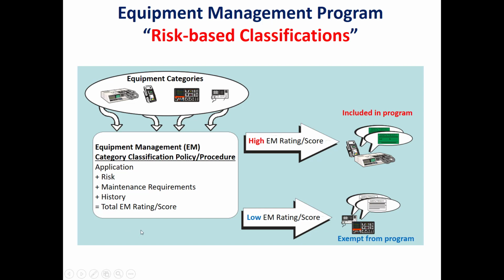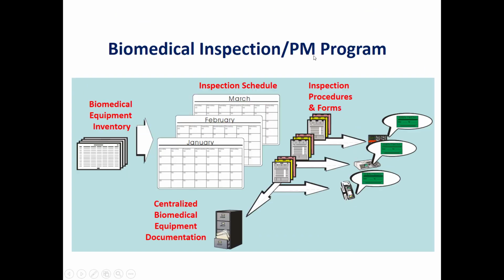Based on this, we will give this device a rating or score. If we have a high score, then this device will be included in the program. If we have a low score or rating, this device will be excluded from the preventive maintenance program. This procedure is called risk-based classification.